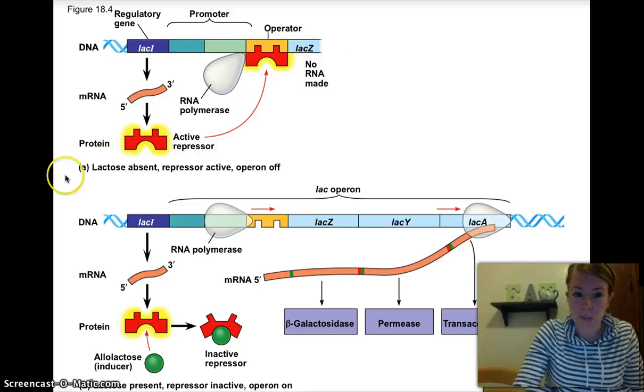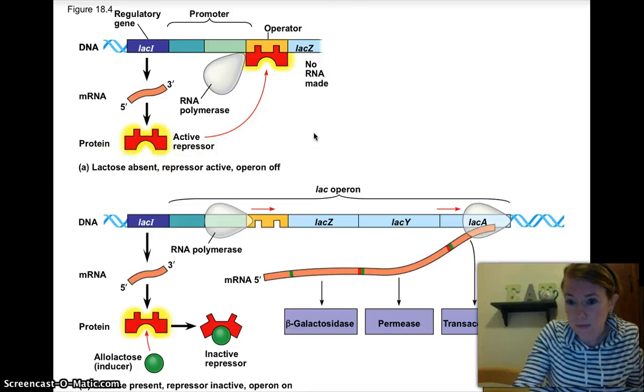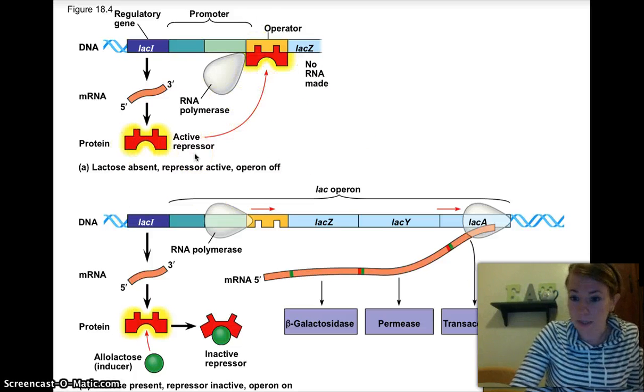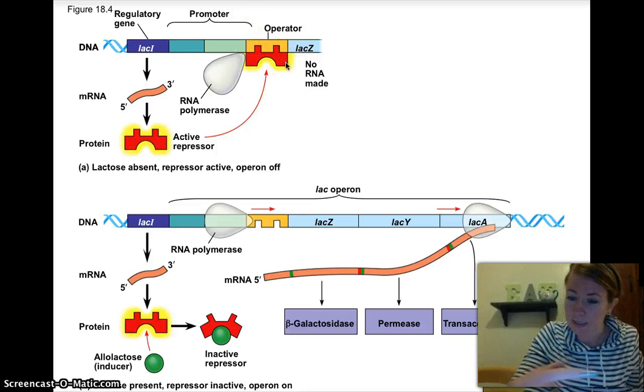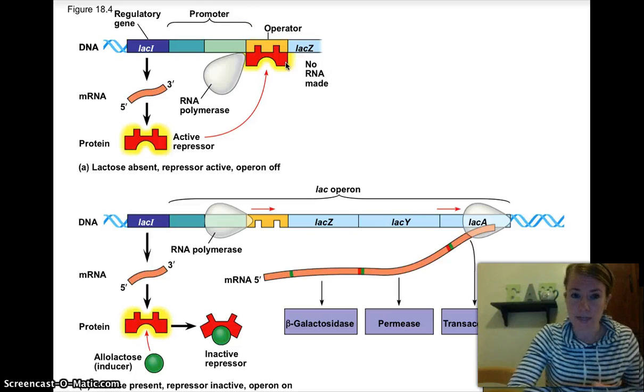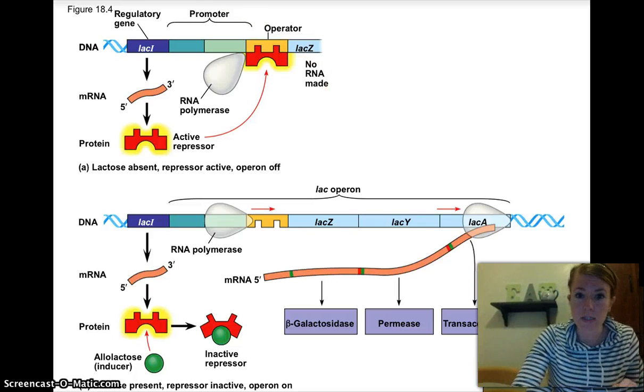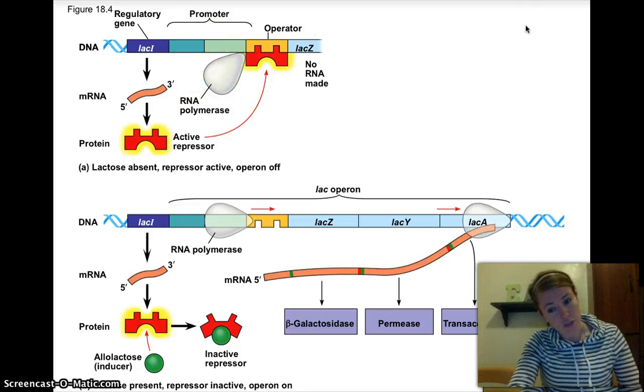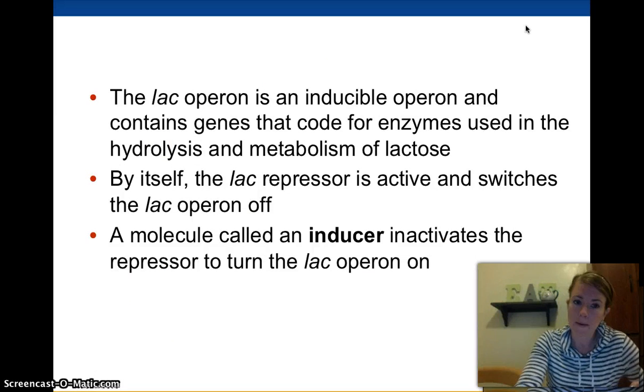So we don't need these genes that break down lactose because there isn't any lactose there. So the repressor is active when nothing's bound to it, so then it can fit into the operator because it is allosteric, meaning it can change shape of the active site. So when the repressor is bound to the operator, RNA polymerase cannot bind. We do not make the genes to break down lactose. Okay?